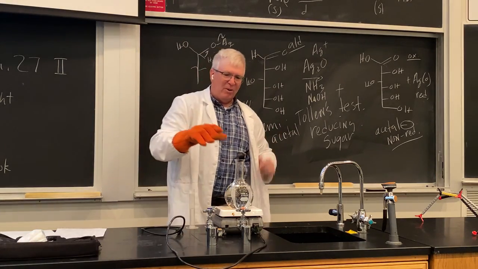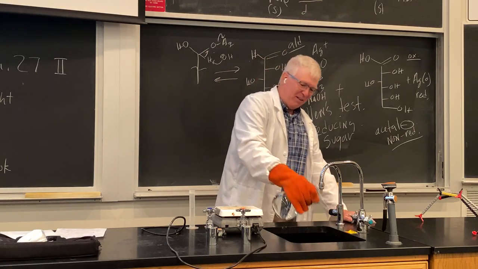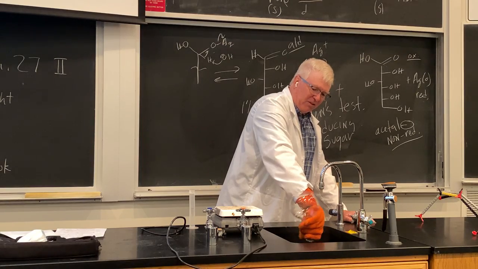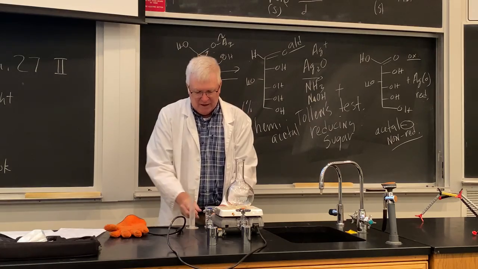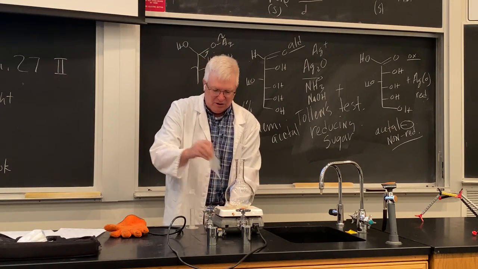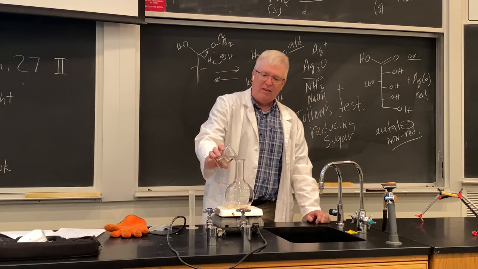And yeah, hopefully I won't burn myself or anything. It is very hot, so I've got the mitt there. And actually that step is just to heat up the flask. And we're going to put in our Tollens solution, which is the silver ammonia hydroxide.